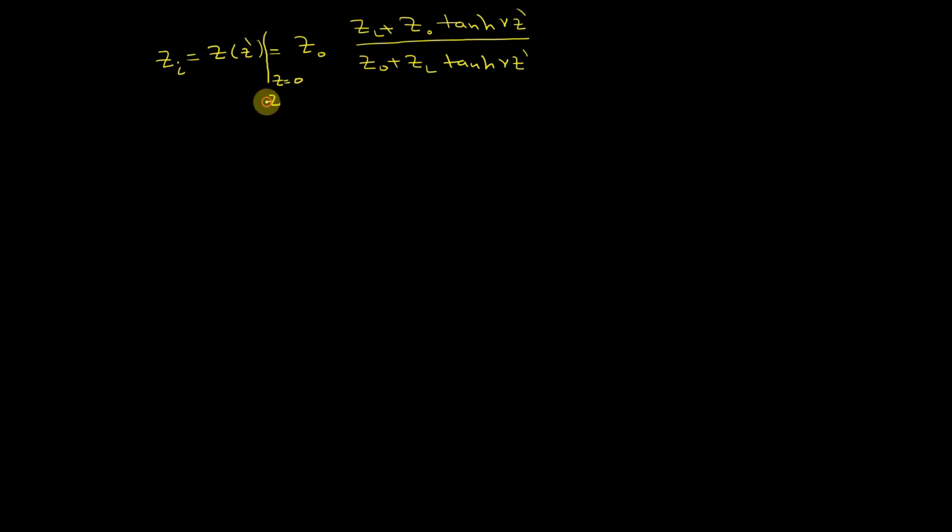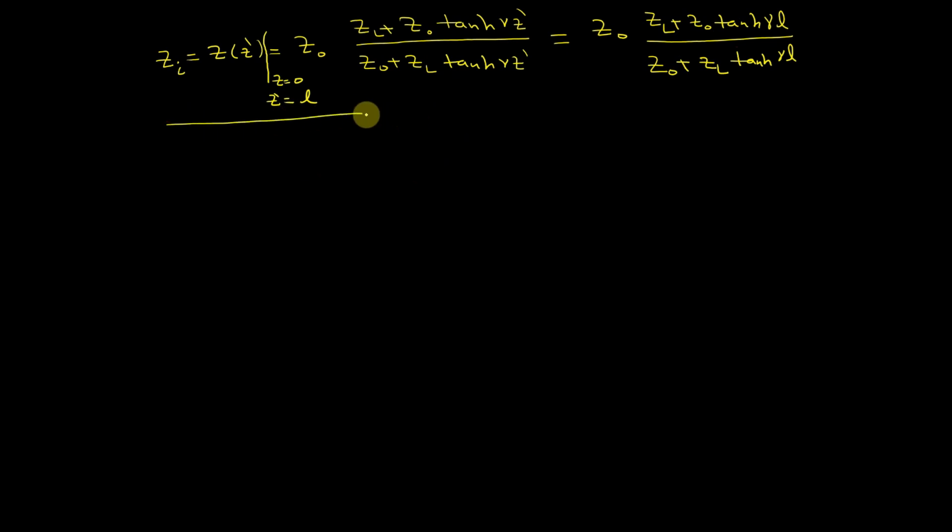Then you can say that z dash is equal to L. So the term will be replaced by z naught times ZL plus z naught tangent hyperbolic gamma L, because we are saying that z is equal to 0 and z dash is equal to L. So you can write here z naught plus ZL tangent hyperbolic gamma L. So this is the input impedance, and you have to remember this value because there are so many questions in PSUs on this input impedance.